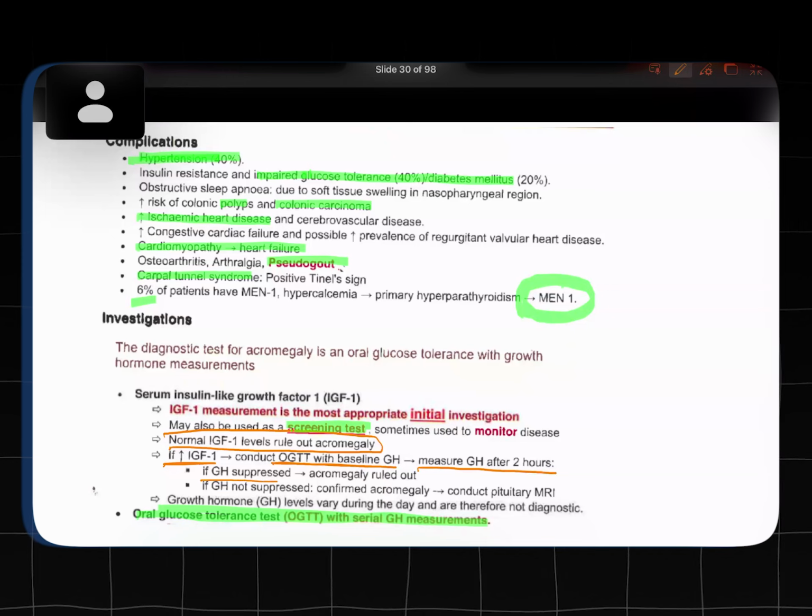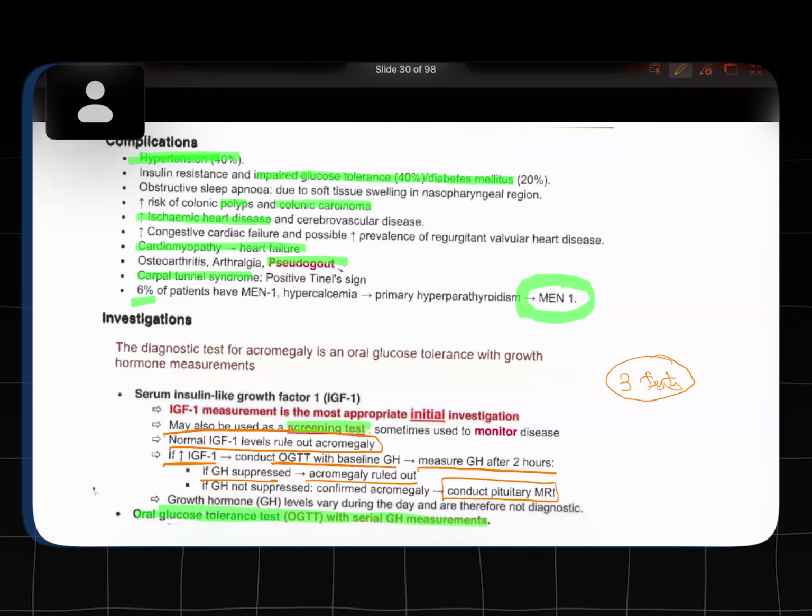If GH is suppressed, acromegaly is ruled out. If not, you have to do a dedicated pituitary MRI. So there are 3 tests which you need to juggle between and find out which test is best for that clinical scenario. Initially IGF-1, then this oral glucose tolerance test. Ultimately, you have to do the pituitary MRI also.